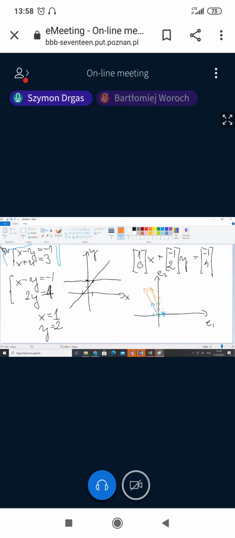So let's move forward. What will happen if we interchange rows? After interchanging, the row picture will remain the same, because we will have the same lines.